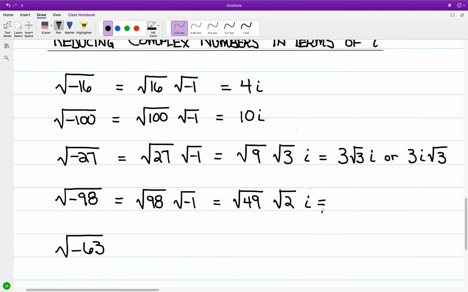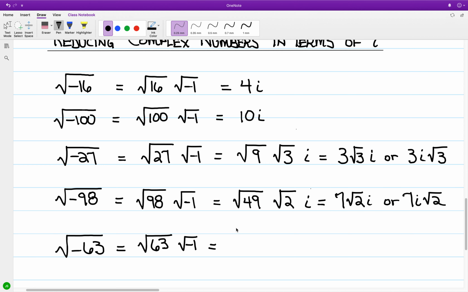In terms of the reduction, we have 7 times the square root of 2 times i. You can also put the i out in front of the radical, so we can say we have 7i times the square root of 2. Now, for the square root of -63, we have the square root of 63 times the square root of -1.